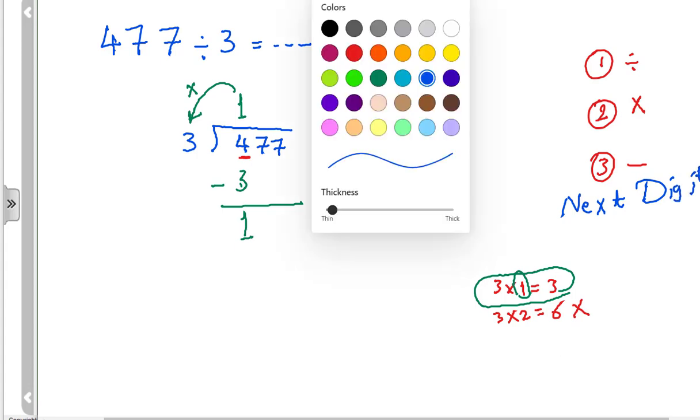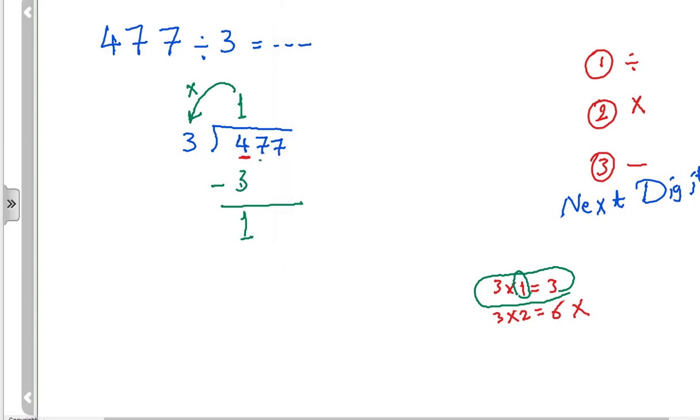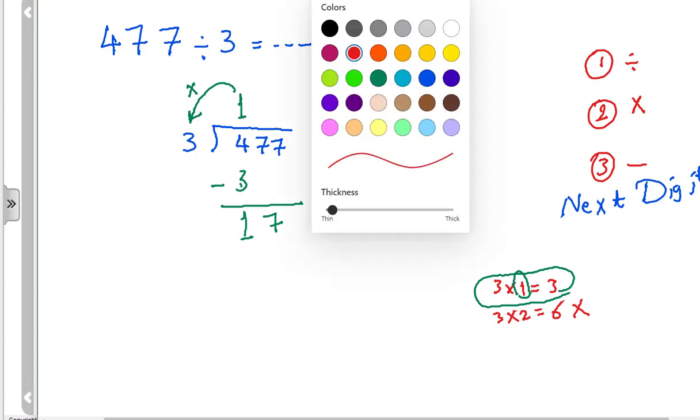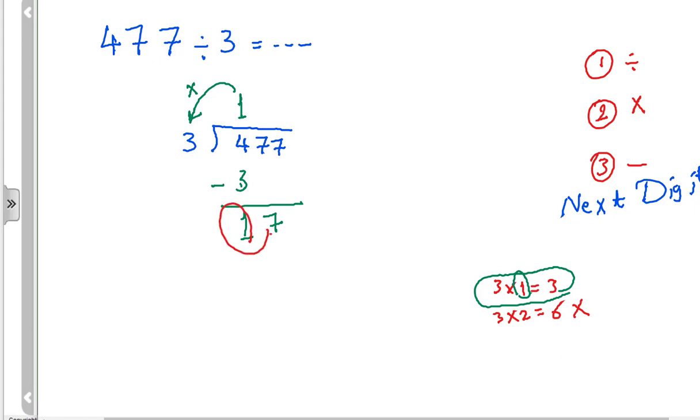Drop down the 7. So, till now, my heroes, from where do we get the 1 and from where do we get the 7? We get the 1 from the remainder, 4 minus 3, and we get the 7 from the dividend, the next digit.